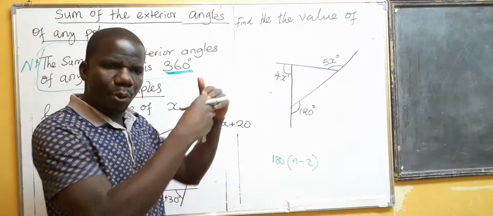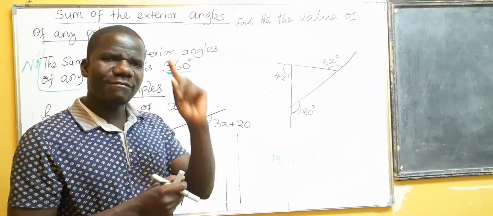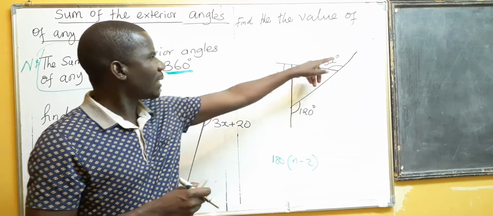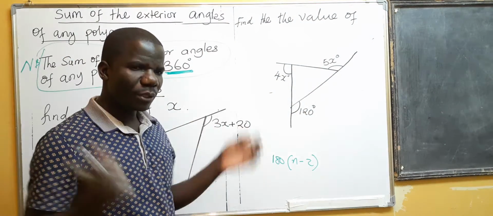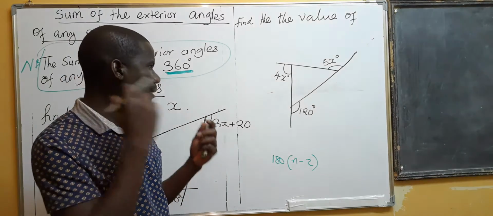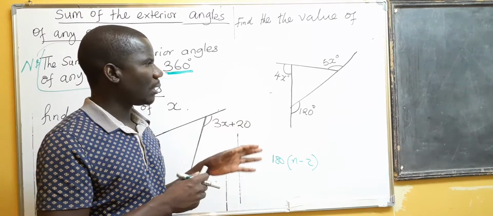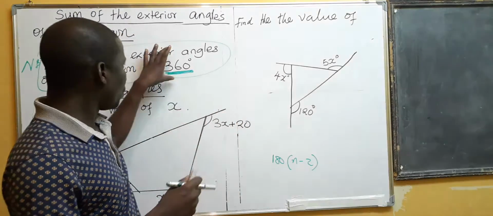360. Any polygon, all those polygons that we discussed, they only have one sum of the exterior angles. Because if you look at the exterior angles, it's like they're giving us a complete turn, which is 360 degrees. We may not need to go into detail on how this was arrived at, but just get to know this one.